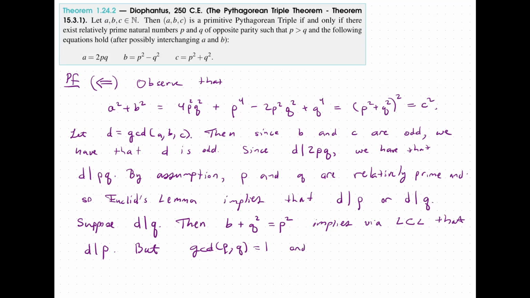But now we have that D divides both P and Q, and thus D is equal to 1.